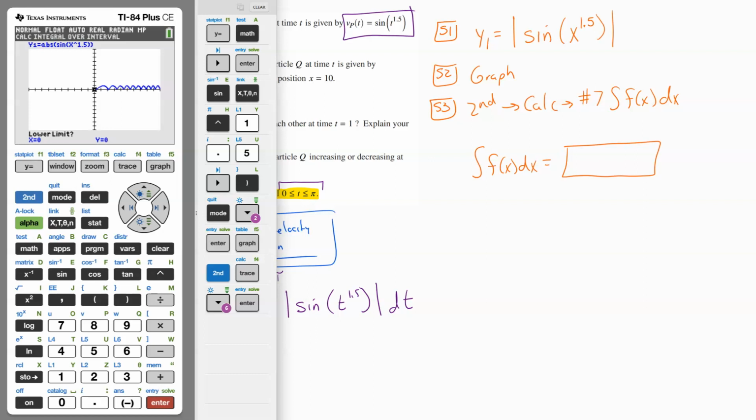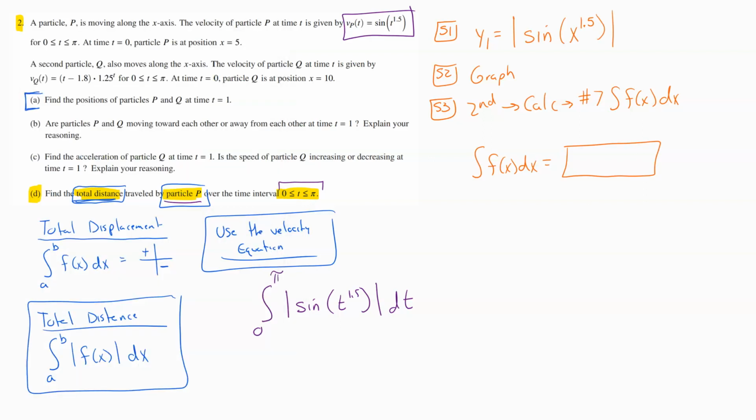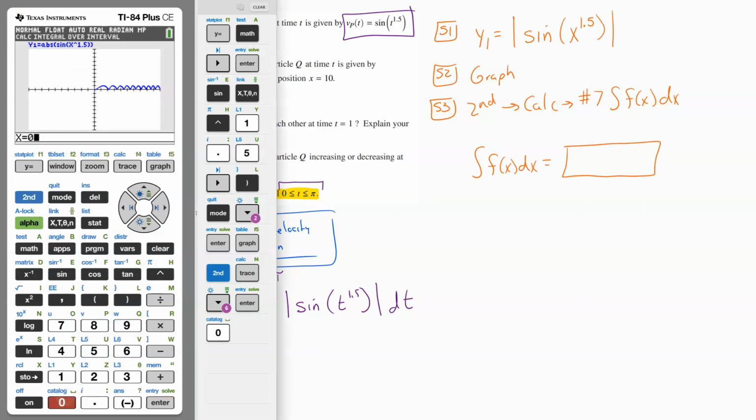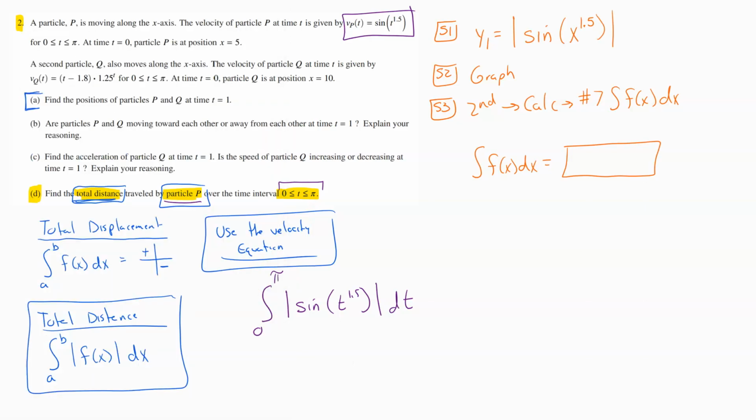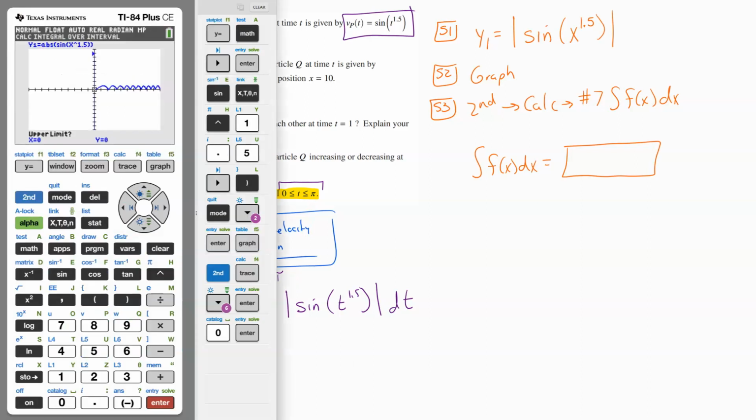First, it wants us to find our lower limit. The lower limit was our lower bound, which would be 0 in this situation. So I would type in 0, hit enter. Then it wants the upper limit. The upper limit would be pi in this situation. So I type in pi and hit enter. It shades it in for me, and at the bottom of the screen, I can see integral of f of x dx equals 1.931.